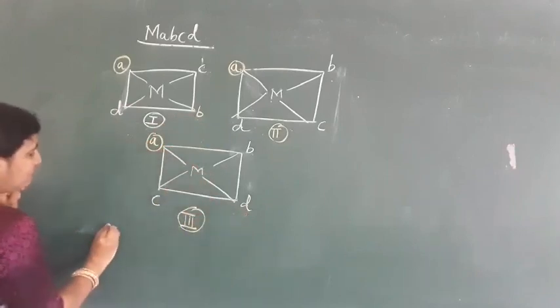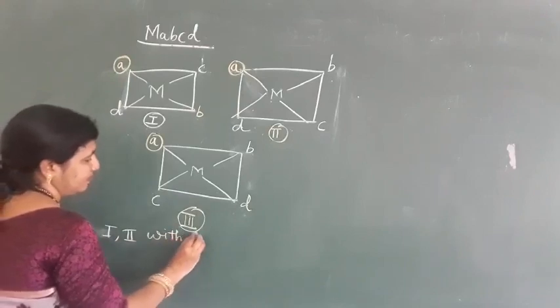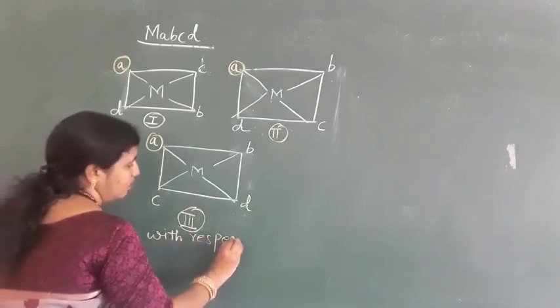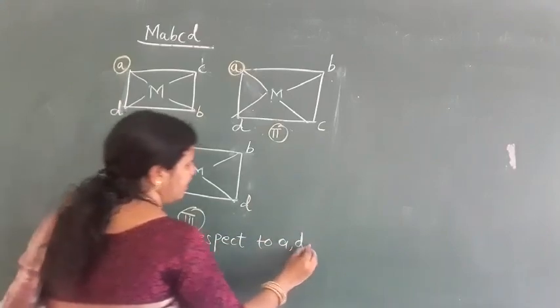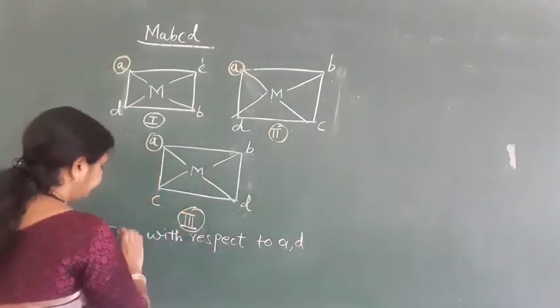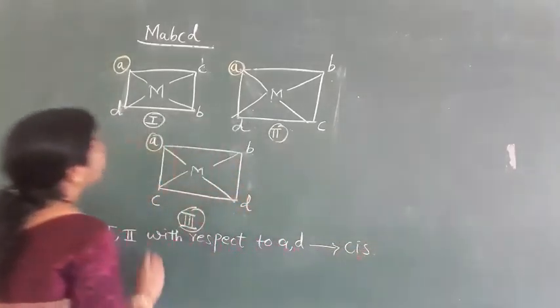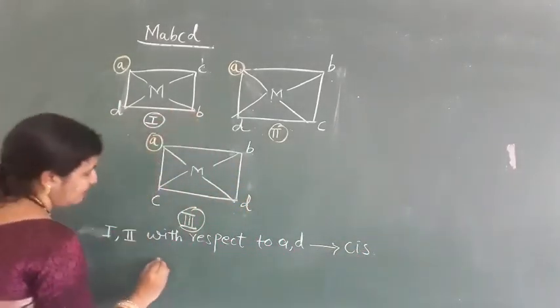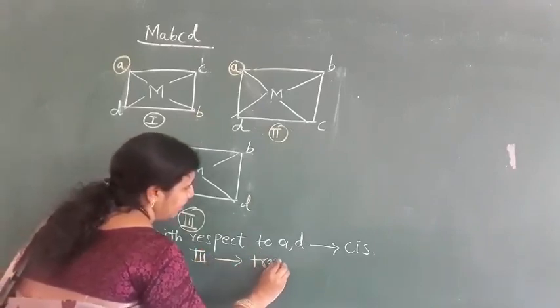So with respect to A and D, the first and second are cis isomers, and the third one is trans.